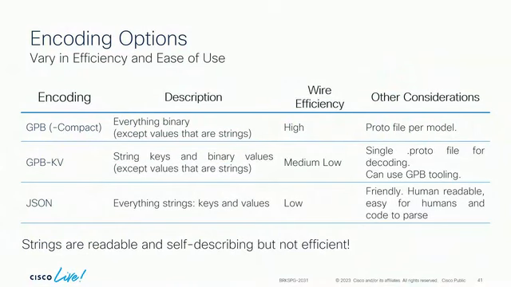In terms of encoding, I briefly touched on different options. JSON is the most human-friendly way to transfer this data. For any small application, you will have thousands of examples in DevNet on how to parse JSON and how to consume it. It's a very good start with telemetry to retrieve your data and just play with it, because it's very friendly for developers.